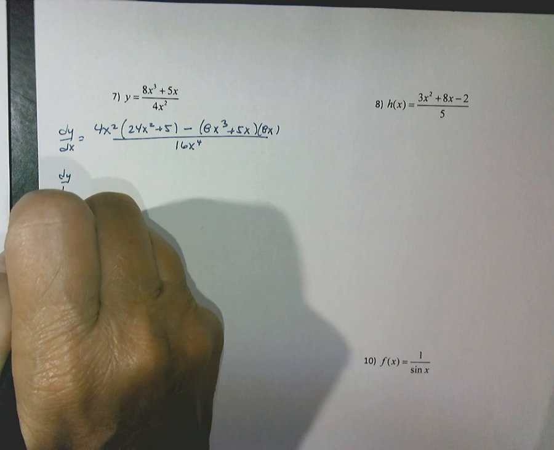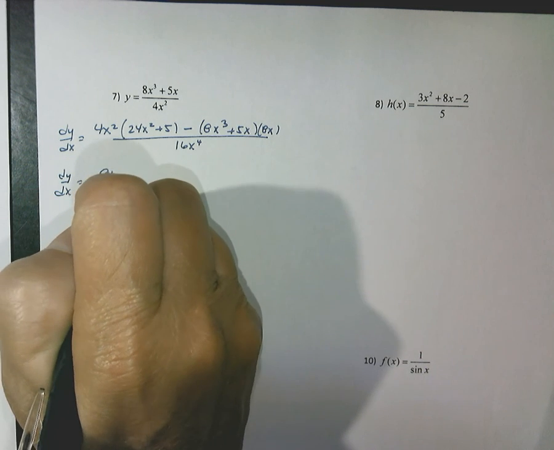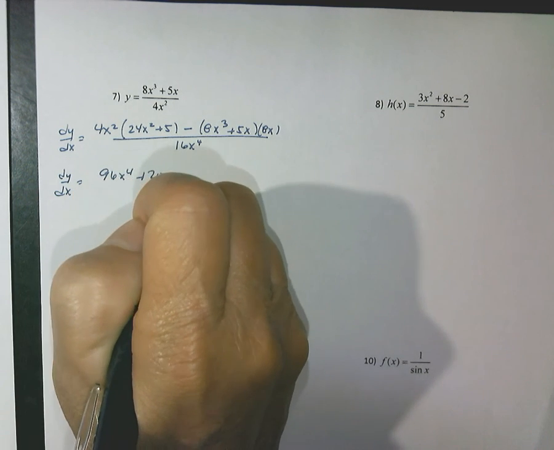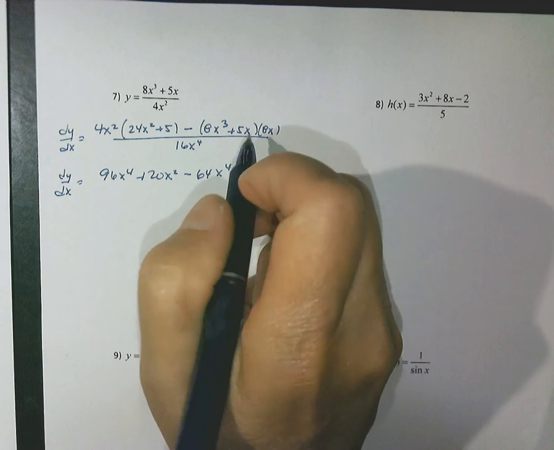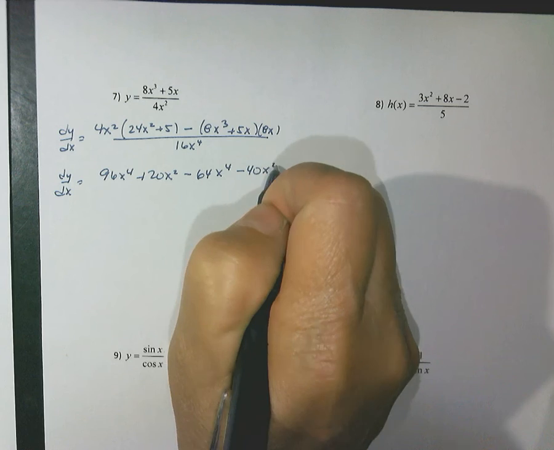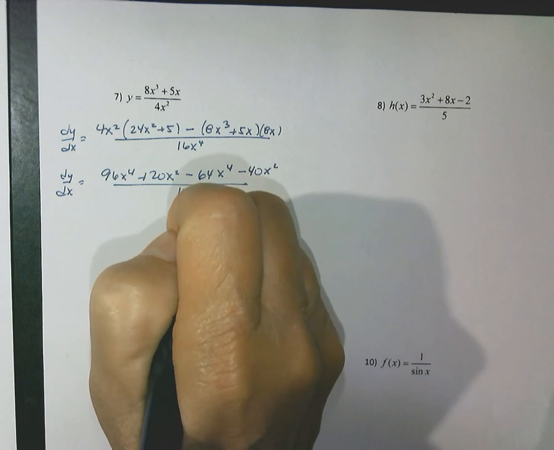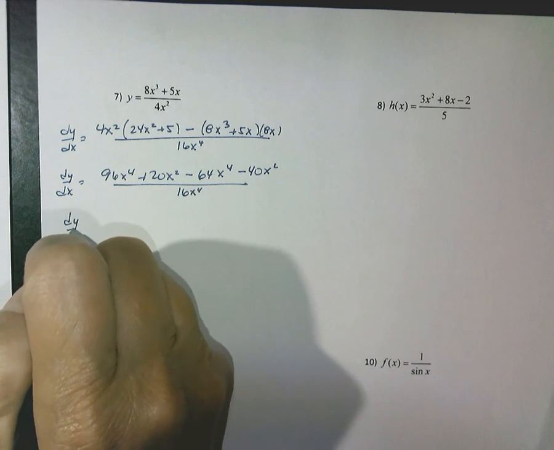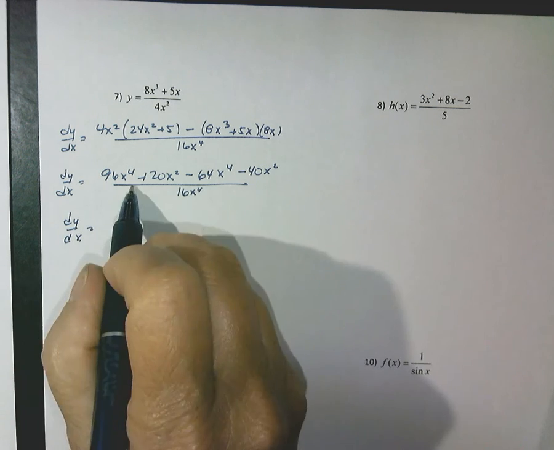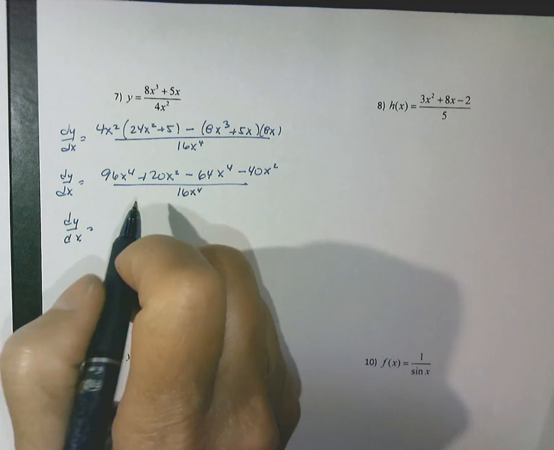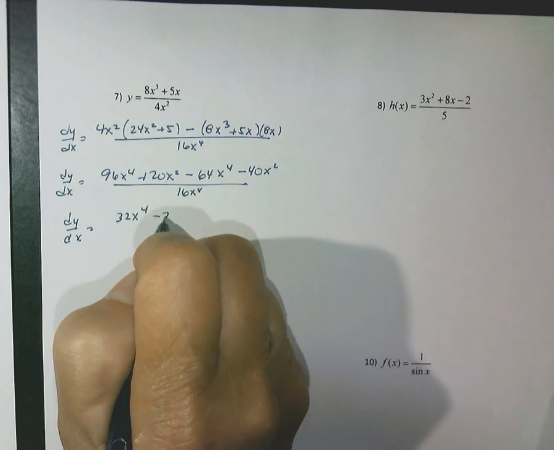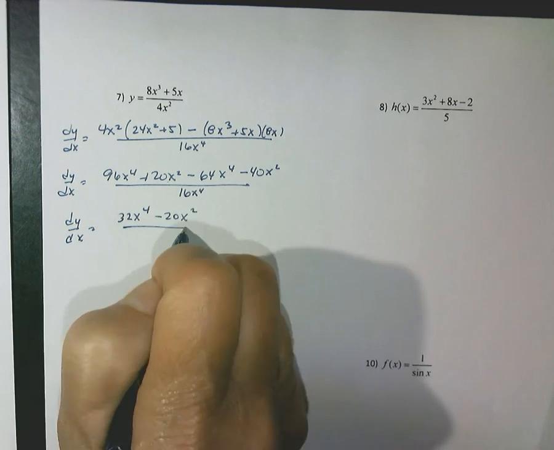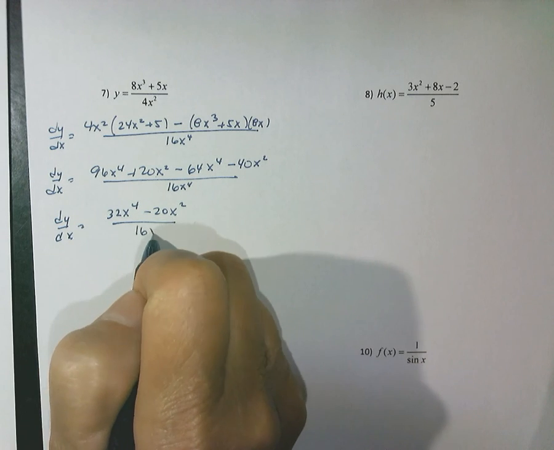Go ahead and distribute. I get 96x to the fourth plus 20x squared minus 64x to the fourth minus 40x squared, over 16x to the fourth. So 96 minus 64 is going to be 32x to the fourth. 20 minus 40 is minus 20x squared over 16x to the fourth.